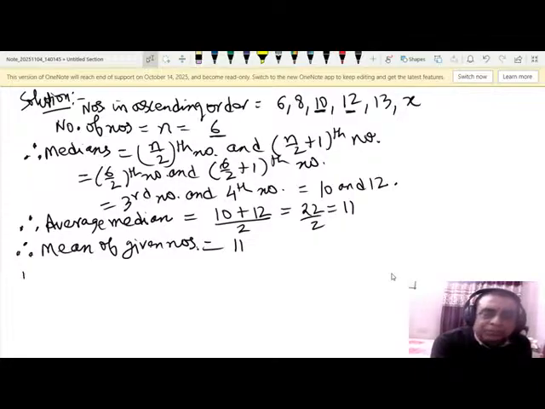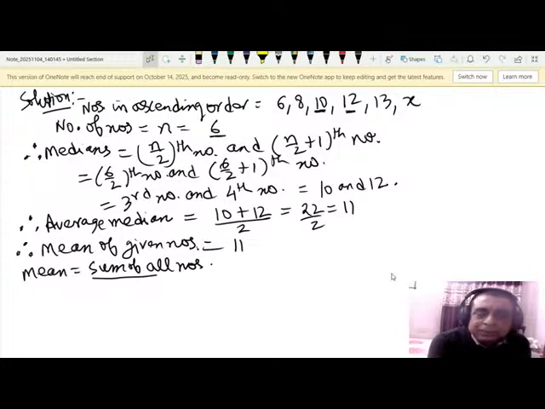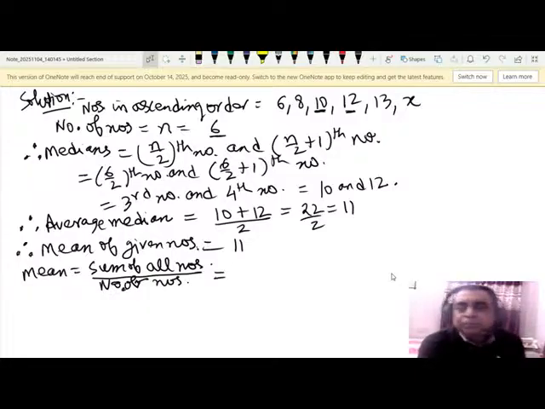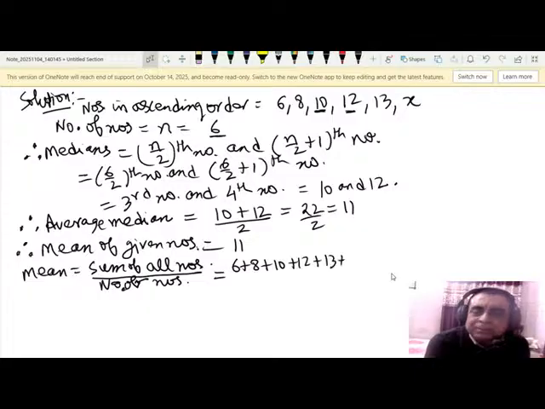What is the formula for finding the mean? The mean is the sum of all numbers divided by the number of numbers. So add up all the numbers given in the question: 6 plus 8 plus 10 plus 12 plus 13 plus x.